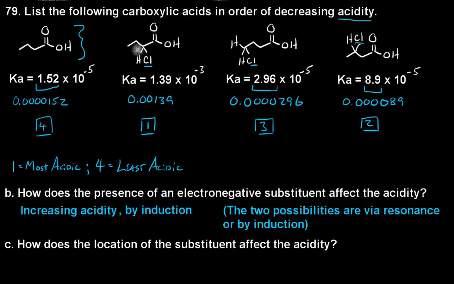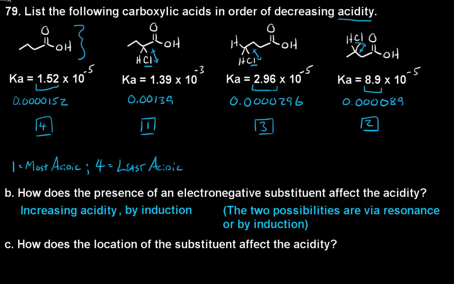They're all pulling electron density towards themselves via electronegativity. That's what these little arrows mean. But what you'll notice is that there's a difference in the distance between the electronegative group and the atom that will result in having a negative charge.